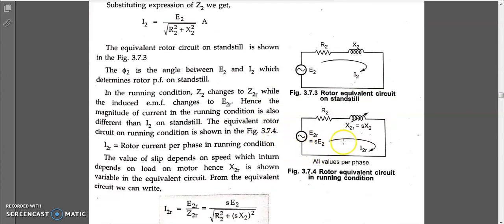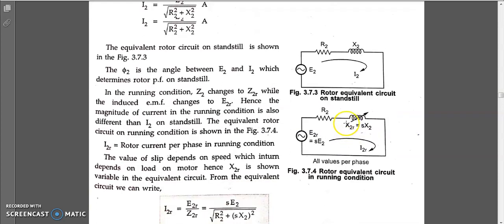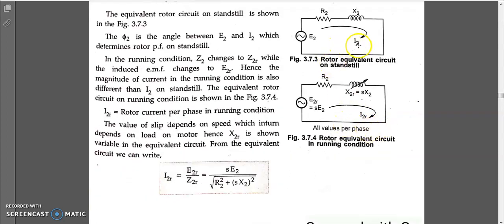Now let us see what happens during rotation. We know that the EMF E2 will change to E2R, which is equal to S into E2. We have already proved this. R2 remains R2, whereas X2 will change to X2R during running condition, equal to S times X2. I2 will also change, and it can be written as I2R during the running condition.